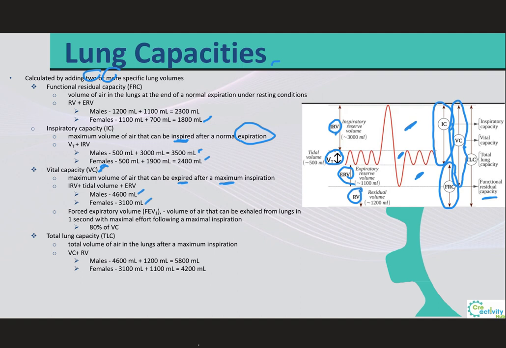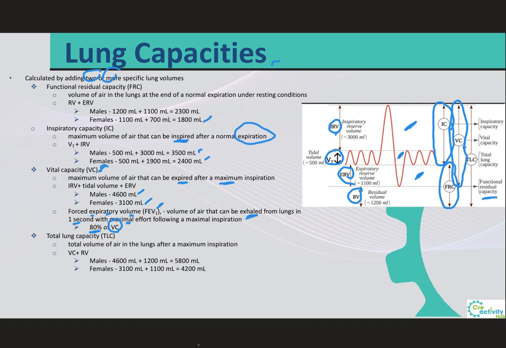In addition, we do have a term related to the vital capacity, which is the forced expiratory volume in 1 second. And this is the volume of air that can be exhaled from the lungs in 1 second with maximal effort following a maximal inspiration. And in normal conditions, this volume, the forced expiratory volume in 1 second, is going to be about 80% of the vital capacity.